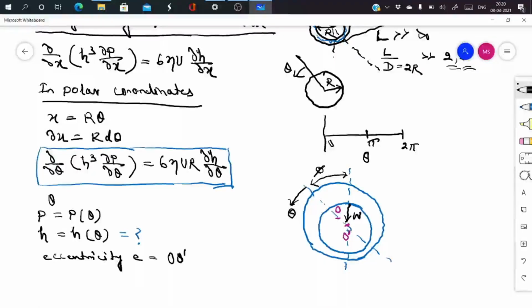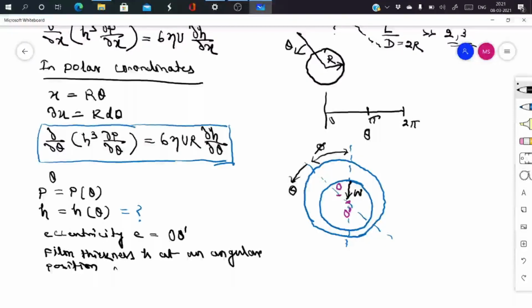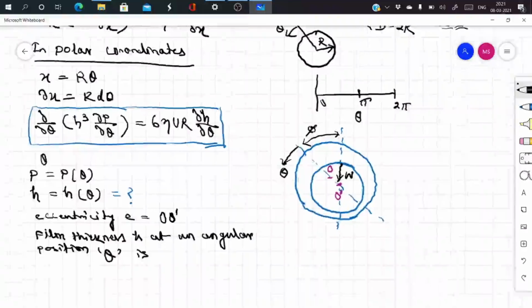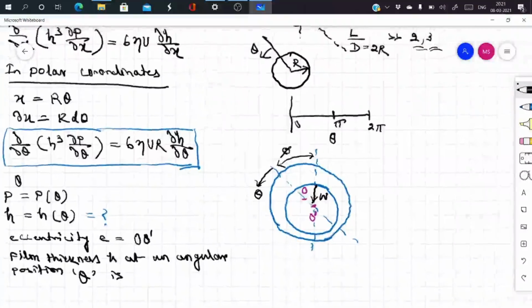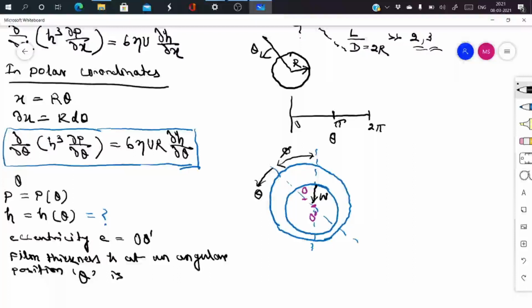So the film thickness H at an angular position theta is, let's say at any angular position you want to measure the film thickness.